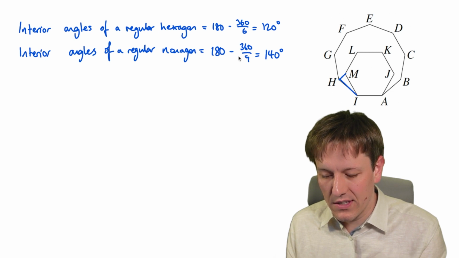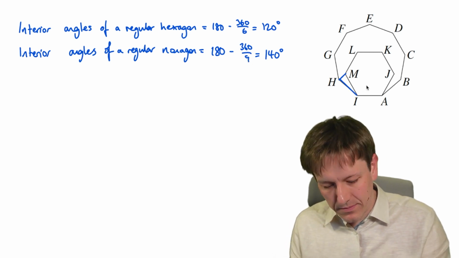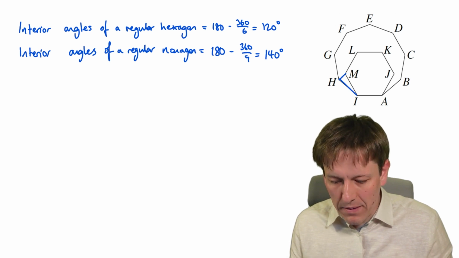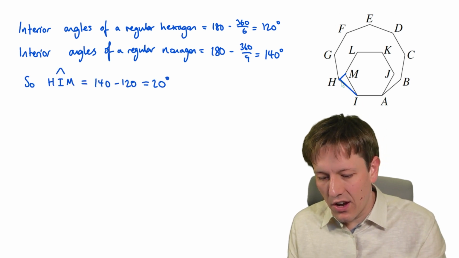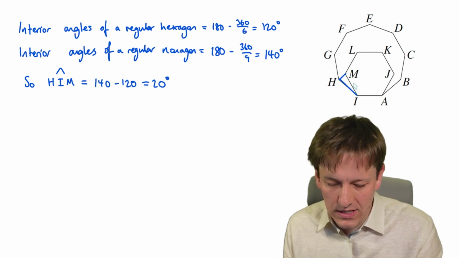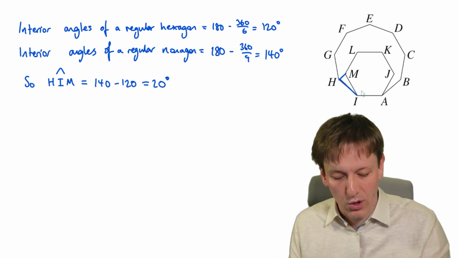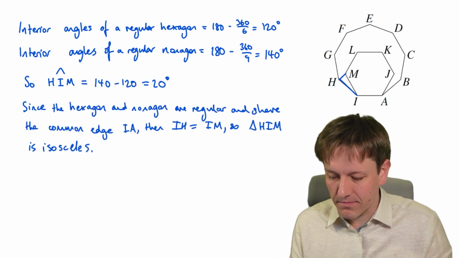And same for the nonagon, same formula but with a 9 in place of the 6, so this angle will be 140 degrees. And what that means then is the angle HIM here is 140 minus 120, which is 20 degrees, but it's the difference between that interior angle of the nonagon and the interior angle of the hexagon here.